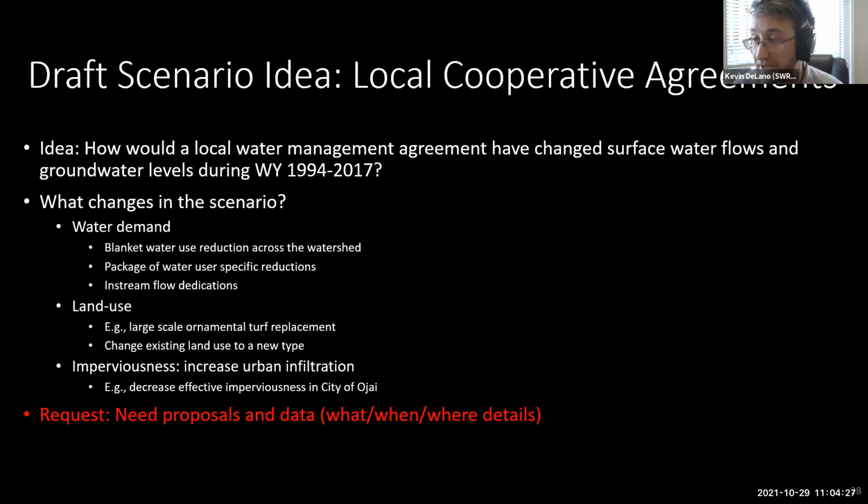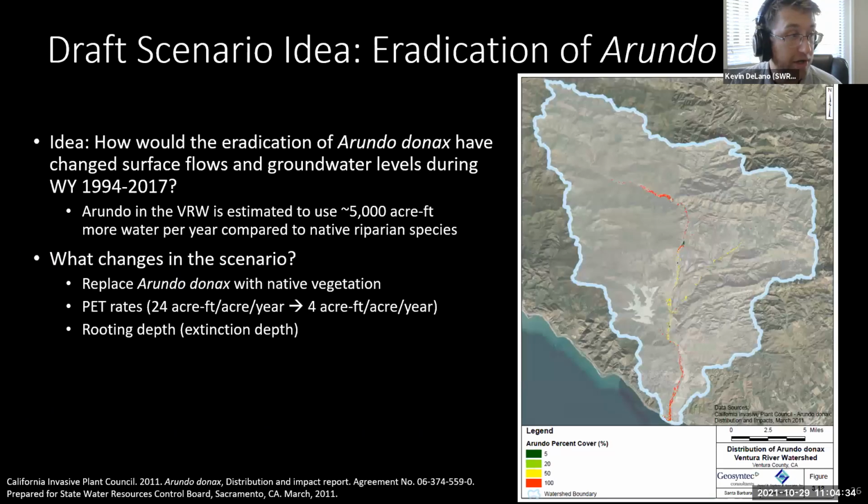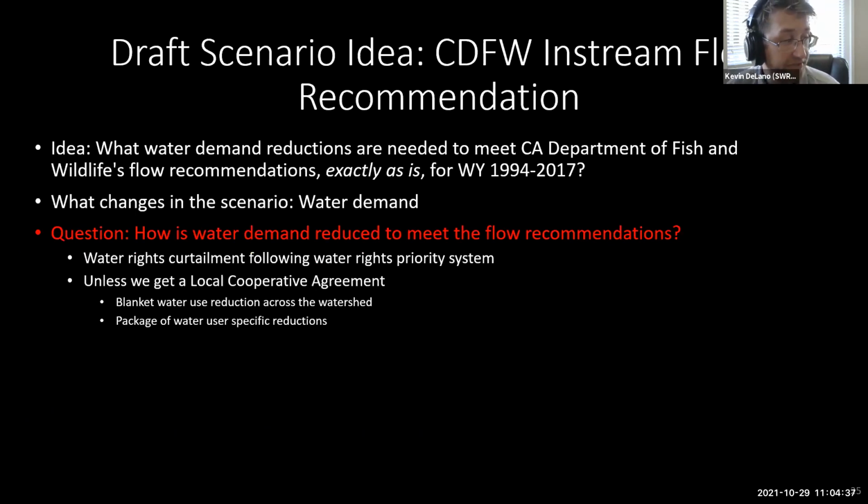The most classic way that the State Water Board regulates water use is by the water rights curtailment system, which is by water right priority. That's why I wrote in this slide, for this CDFW in-stream flow recommendation, how would water demand be reduced to meet a flow recommendation or a flow requirement? Do folks want to see what the curtailment process looks like, or should we look at a more voluntary reduction in water use? And would that meet either the flow recommendations or the flow requirements?